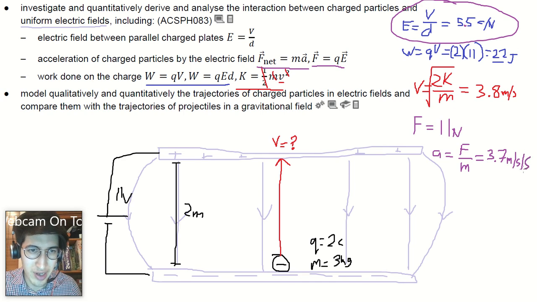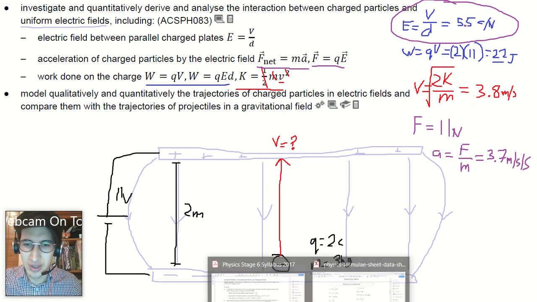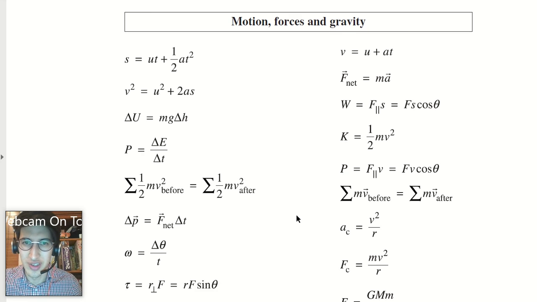Now, what on earth am I going to do with this acceleration? Well, this is essentially a projectile. It's falling up instead of falling down because it's got negative charge, kind of like negative mass moving against gravity rather than with it. And so because it's accelerating up, it started at rest, we can actually use our projectile motion equations to sort this out.